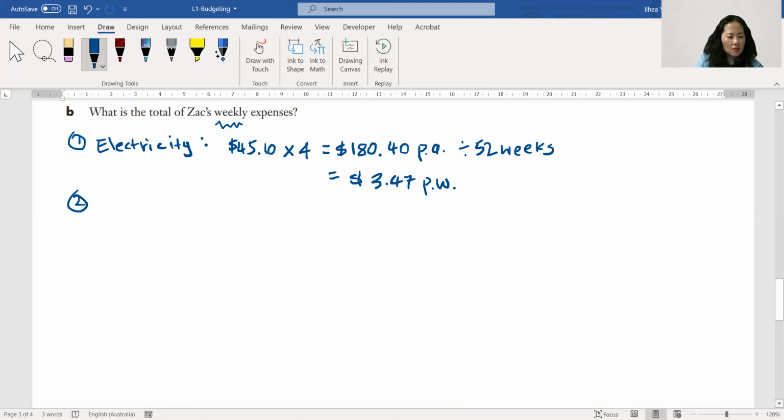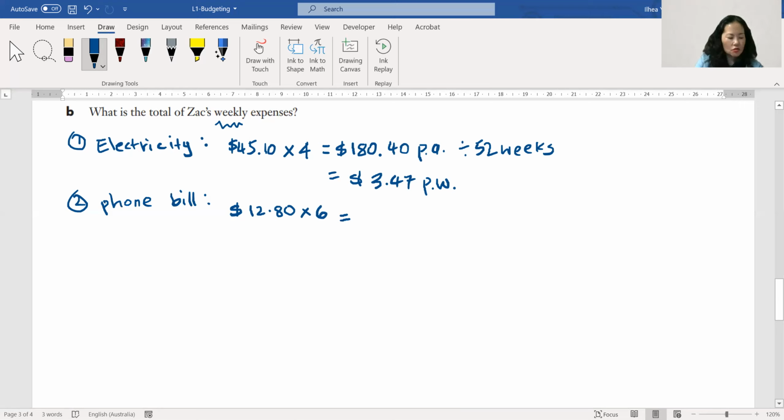Okay, so next one is the phone bill. The phone bill was $12.80 times 6. Why? Because it says per 2 months. Every second month he's paying. So in a year, Zach is paying 6 times.